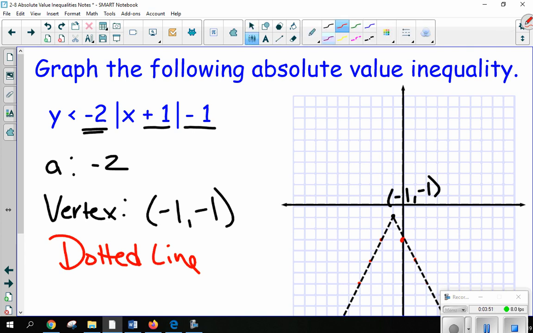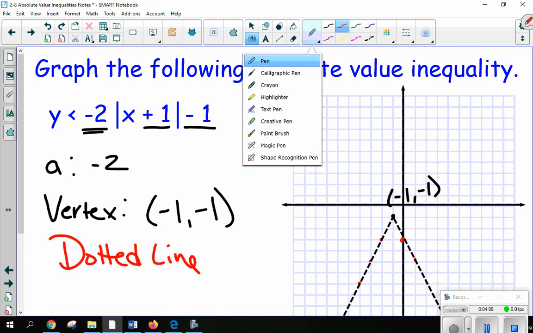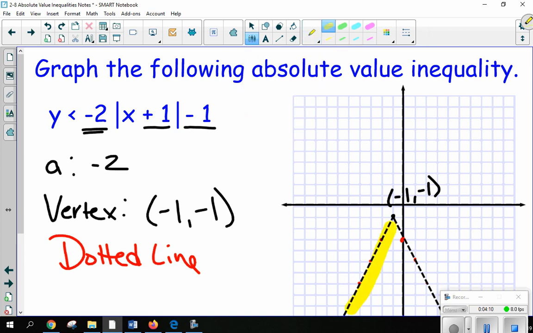Y is less than -2 times the absolute value of x plus 1, minus 1. So that means I'm going to shade below. If I look at this graph, below would be on the inside of the V. So you're going to shade in here.